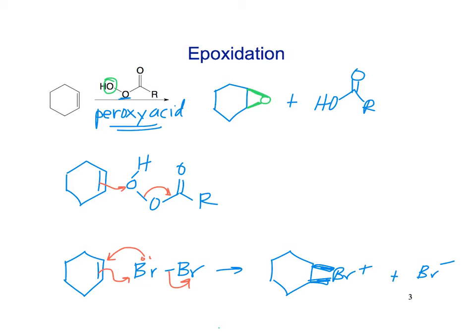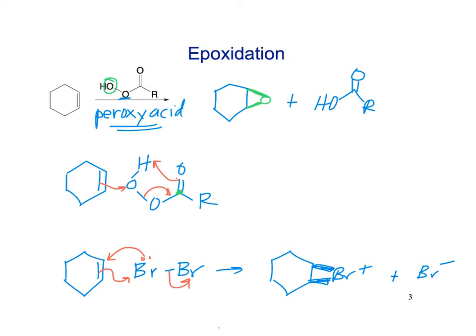There's a couple more arrows though. So this carbon here can't really accept the electrons as I've shown it because that carbon already has an octet around it. So what happens is the pi bond goes up here and grabs that proton. And because it pulls off that proton, it frees up the electrons in the oxygen-hydrogen bond.